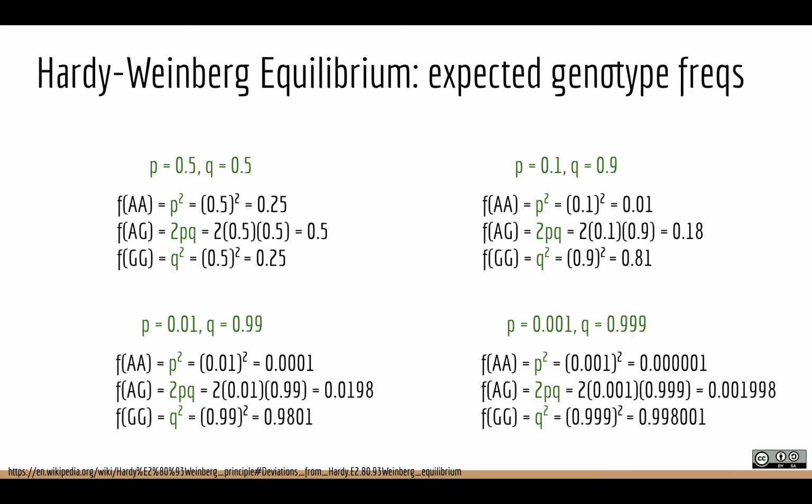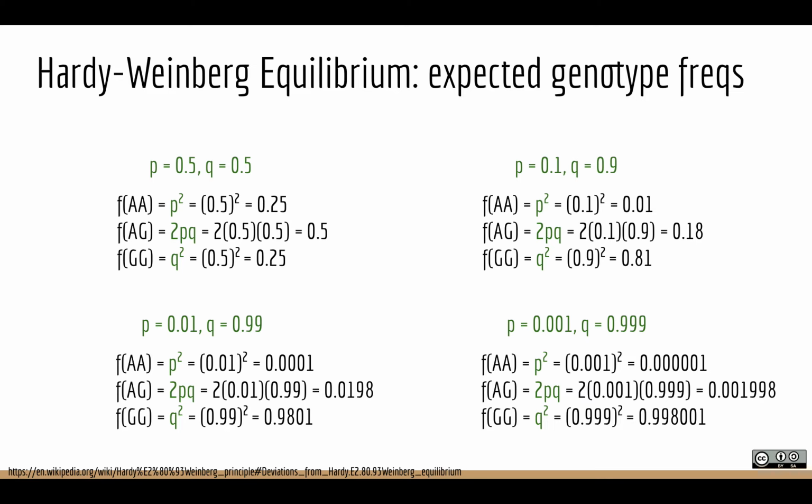And you can plug this in for any allele frequency. If the two allele frequencies are the same, half of individuals are P, half are Q, then this is the breakdown. Now when we get to really rare variants, let's say the A allele is super rare. It occurs at a frequency of 1 out of 1,000 chromosomes. Then the probability of seeing a homozygote for that is very, very rare.